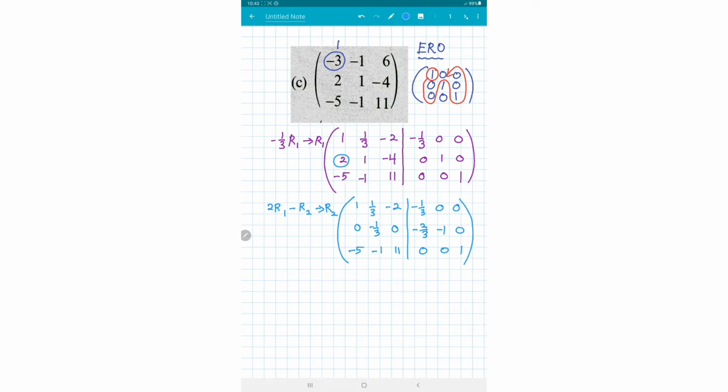Next we move to the third step, where we have to make sure the negative 5 becomes 0. How do we do that?